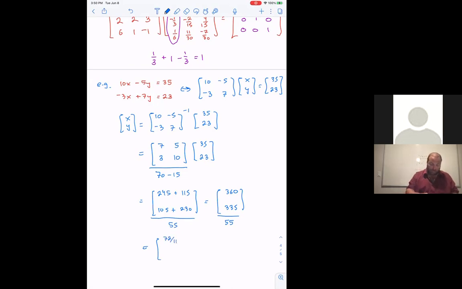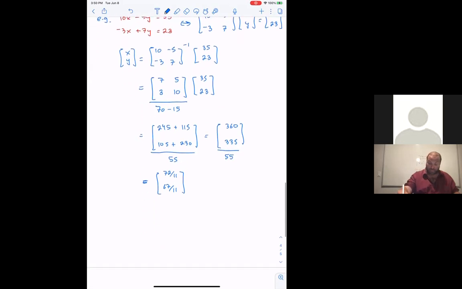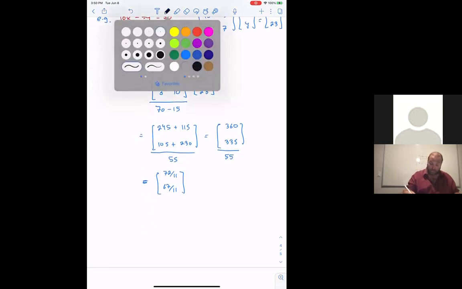And 335 divided by 55 is another annoying number, which my calculator tells me is 67 over 11. And checking the book, those are the correct answers. So x, y equals 72 over 11, 67 over 11. We have solved the system for x and for y. How lovely is that? Let's do another example.